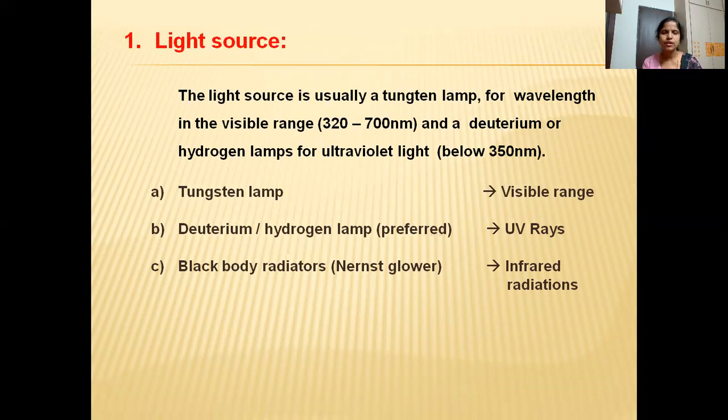The Nernst glower is made up of rare earth oxides, that is oxides of yttrium and zirconium. When we heat those oxides at about 1500 to 2000 degrees centigrade, they emit infrared radiations, so they are used to study IR spectra. But for the colorimeter, we use a tungsten lamp, which gives out the visible range.